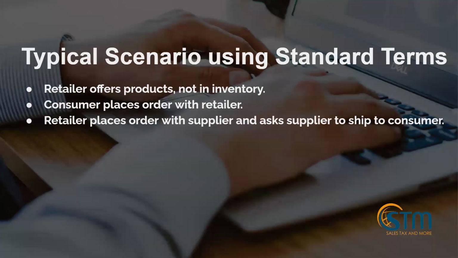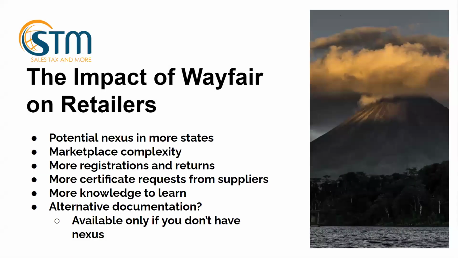Now, Wayfair, I think it had an outsized impact on companies that are either the suppliers or the retailers. And for the retailers, they now have potential nexus in more states.